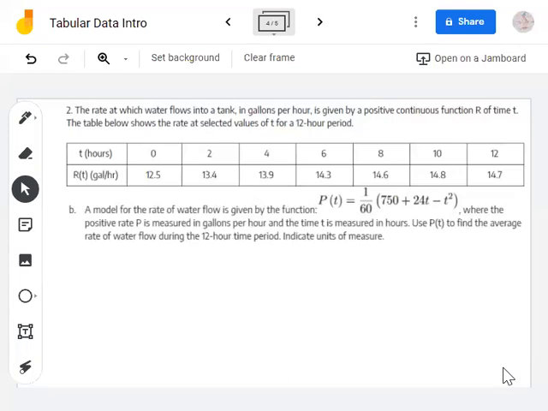Well, looking at it here, I think it's a rate because it says the rate of water flow. Yeah, I think it's a rate. So we have a rate. What do we want? We want to use P to find the average rate. Good.